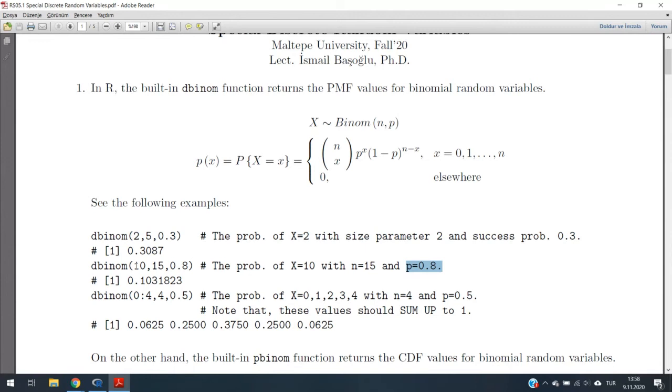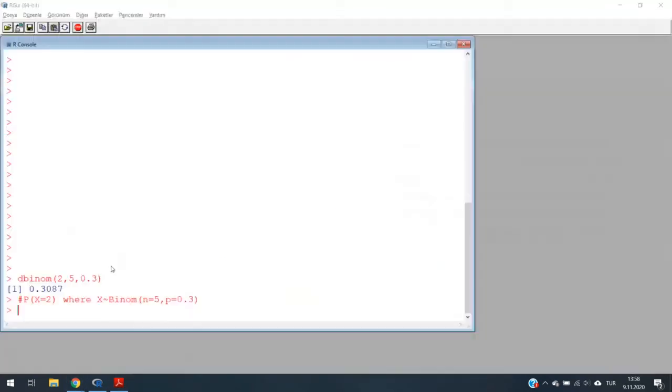Now you can calculate that probability again by the dbinom function. The first argument that you need to introduce is the value in the probability of interest. So we are looking for the probability of exactly 10 penalty shots to be scored. Now the total number of trials is 15, and finally the success probability at each trial is 0.8. Now you get this probability in this example.